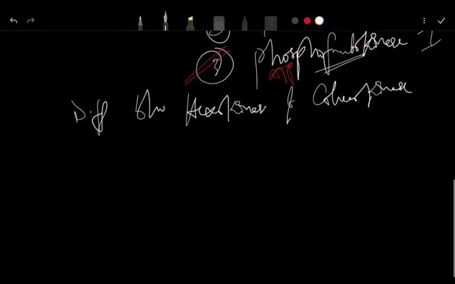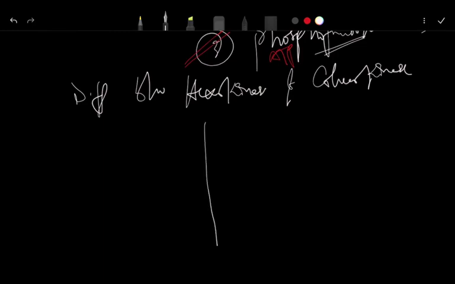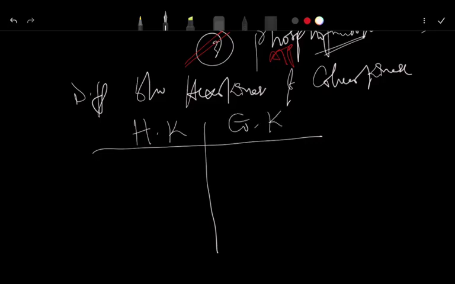Okay, so let's do it sharply. On this side, I will put hexokinase for HK and glucokinase for GK. I already gave you one difference. What is that difference? I said this one is found in all cells, right? This one is found majorly in the what? In the liver. Is that not so?